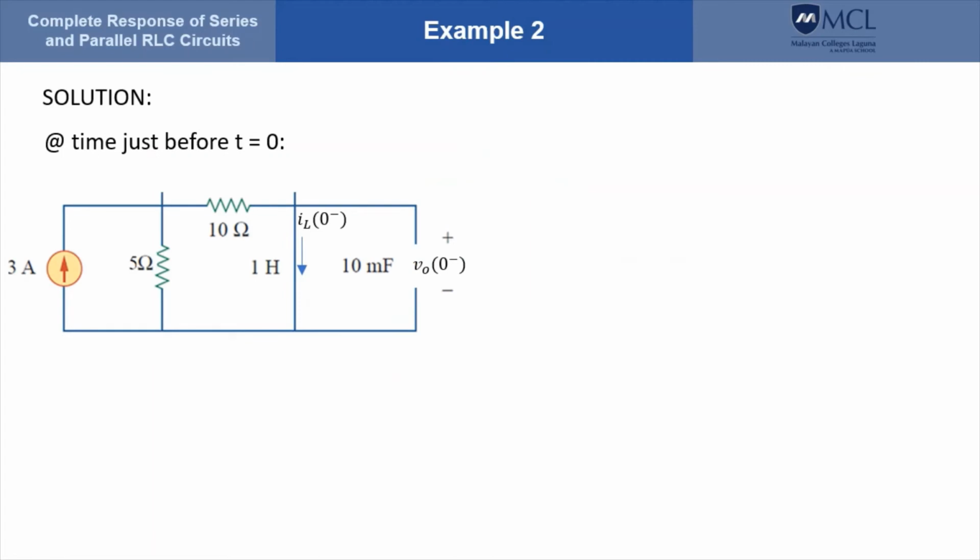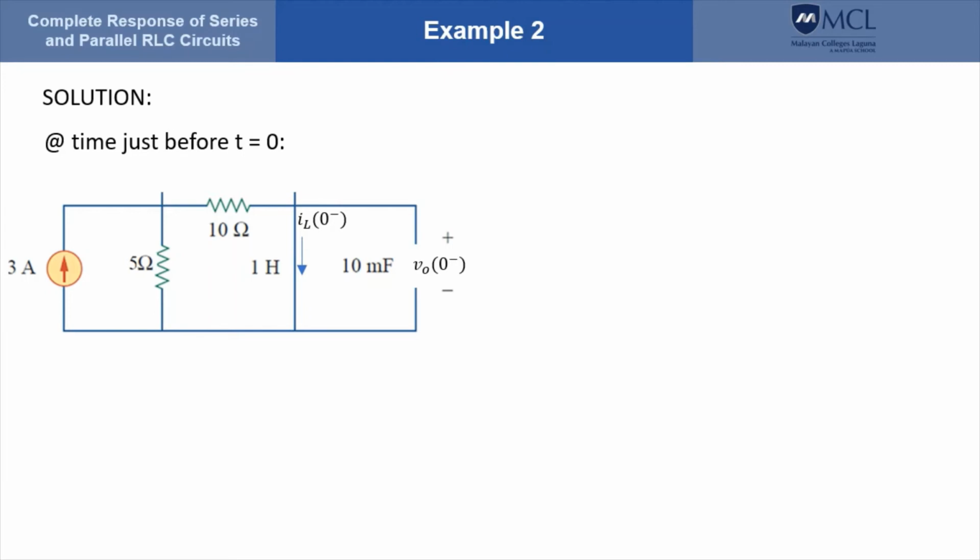So again, we analyze the circuit before the switch is closed, the moment the switch is closed, and then after that, what will be the complete solution for the voltage across the capacitor.